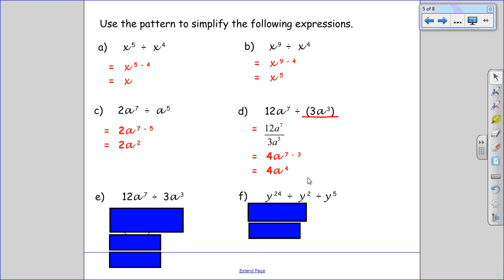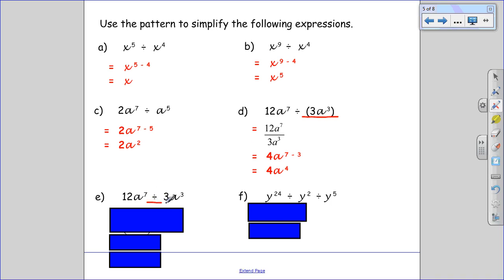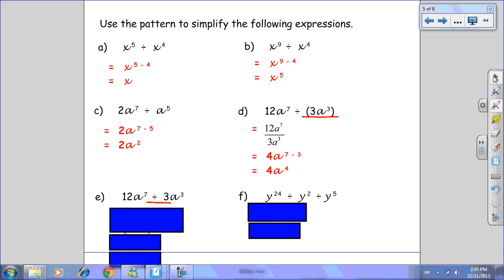Take a minute, pause the video. Think about how the answer to part E will be different than part D, or is it different? If I look at part E, I am saying divide by 3, not by 3a cubed, because my good friend BEDMAS tells me to do division and multiplication in the order they occur.